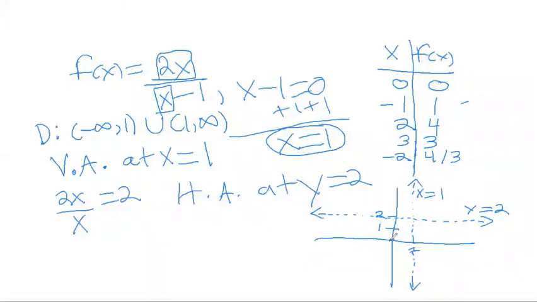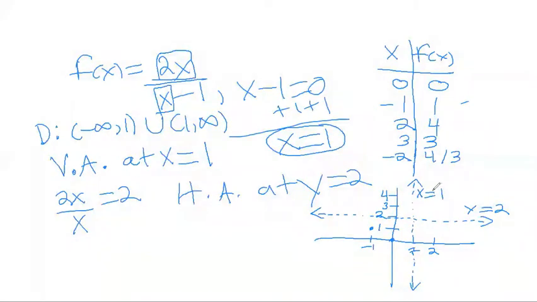Now we plot our points. We have the point 0, 0 and the point -1, 1. I'll say this is -1, and this is 1, and I'll say this is 2. And 2, 4.